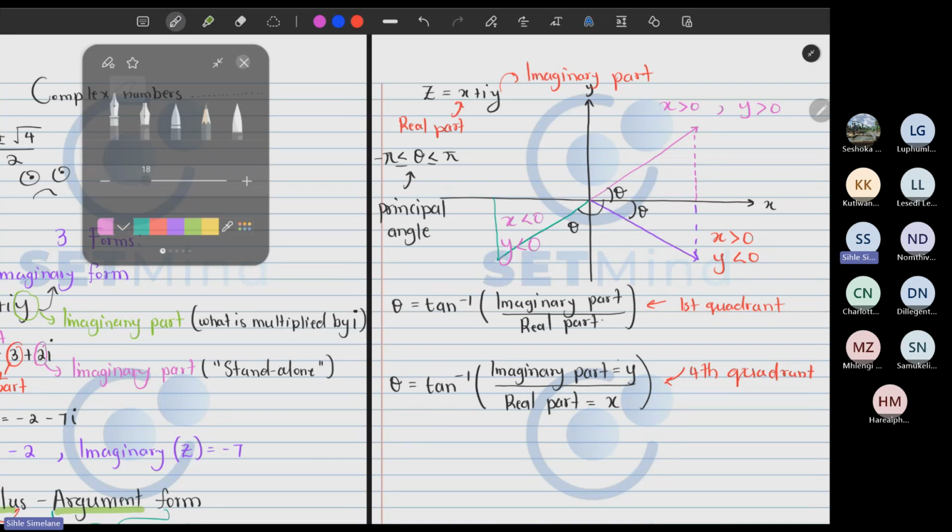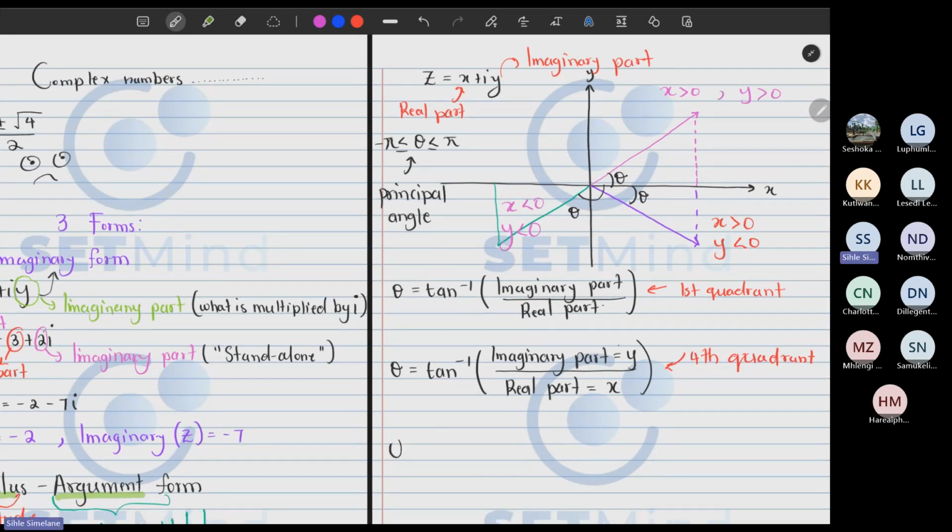So our angle theta will be given by pi minus the arctan of our imaginary part, you put it as it is, which would be y, then you divide by the real part, which would be x.